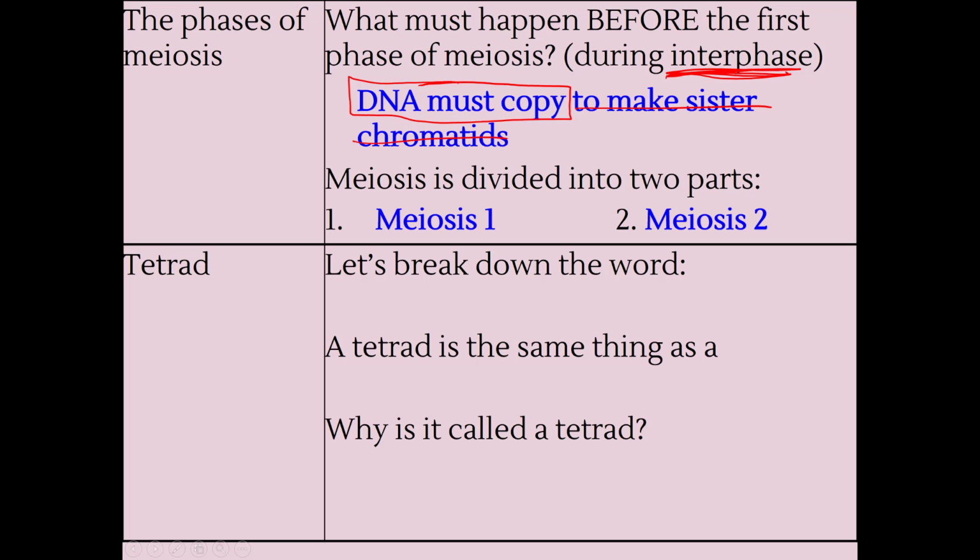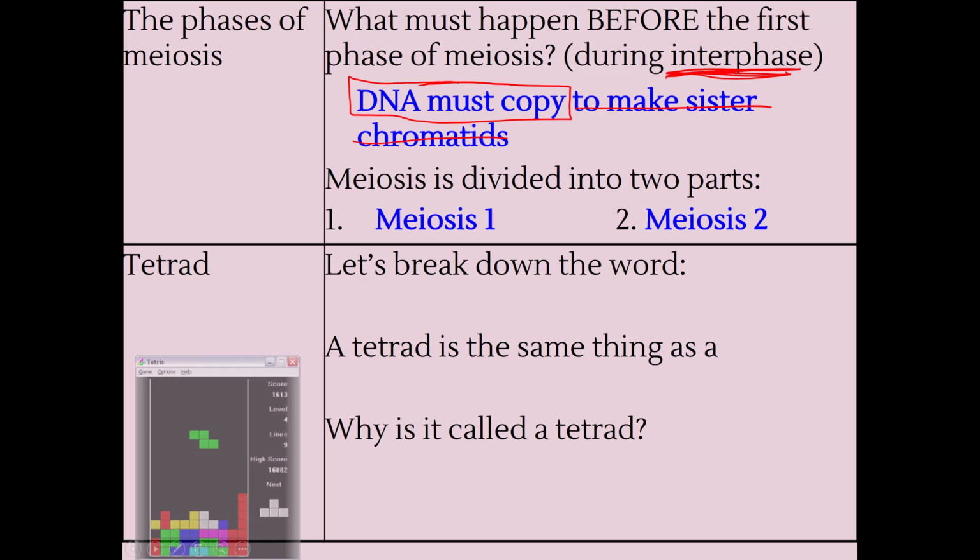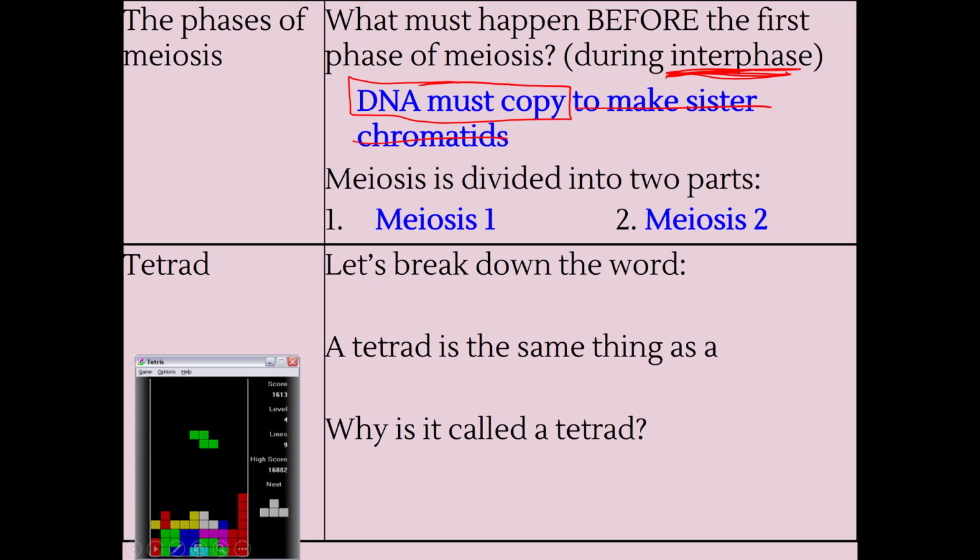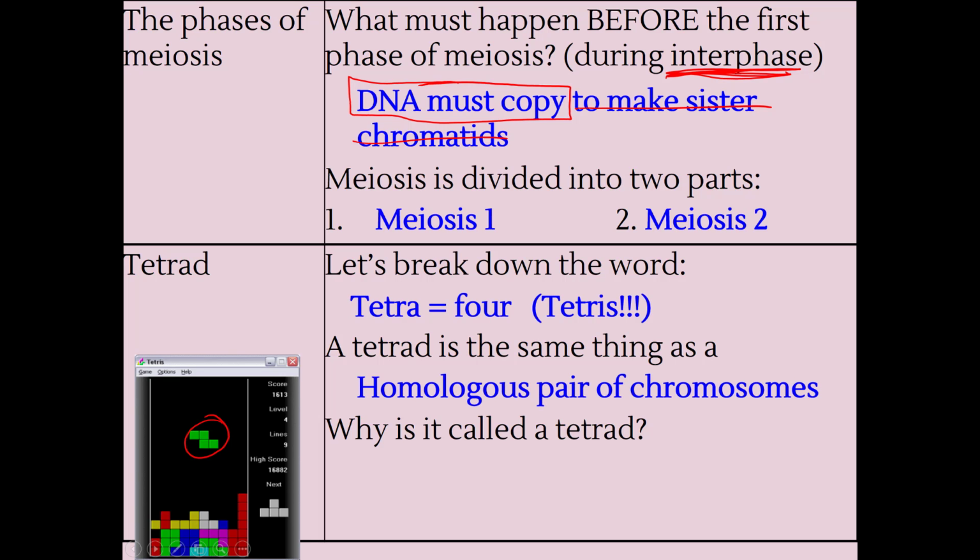Before we go through those, I just want to do a quick reminder of the word tetrad. We talked yesterday that tetrad was like Tetris. And if we notice, each one of these little blocks, or each one of these little figures, has 4 blocks to it. So the word tetrad means 4, and that's where Tetris got its name. A tetrad is the same thing as a homologous pair.